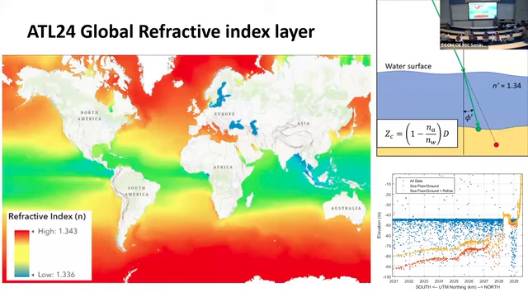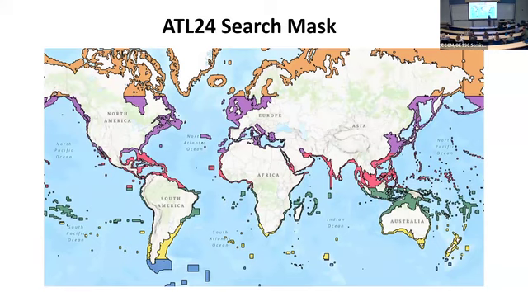Refractive index. Is it simply a depth criteria? A depth criteria, yeah. So this was using best available bathymetry, and there were a few things that went into it, and then we ended up buffering it both vertically and horizontally.